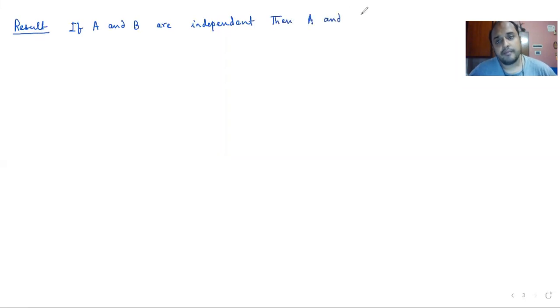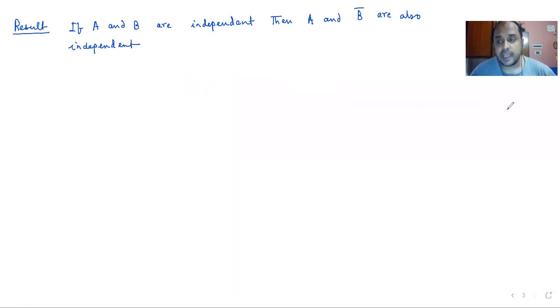So the result is, if capital A and B are independent, then A and B bar are also independent. So how can we prove it? We can very easily use the axiomatic approach.